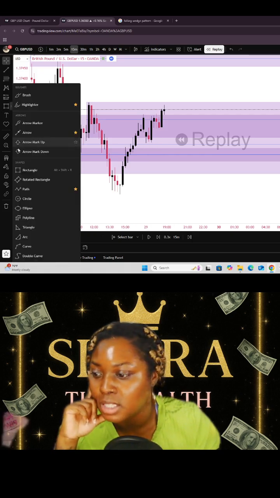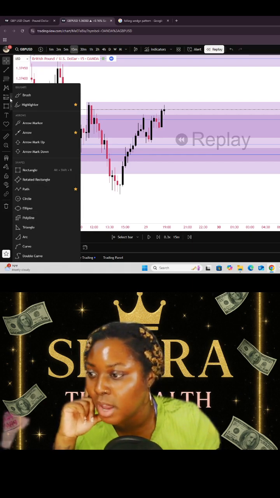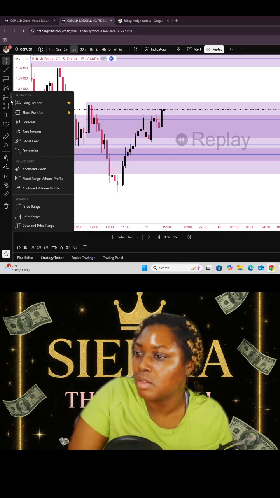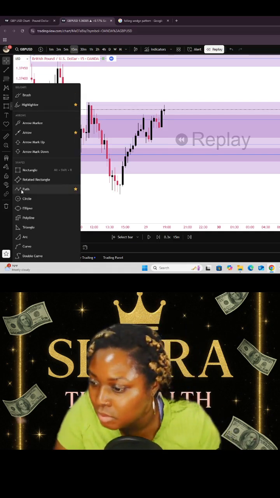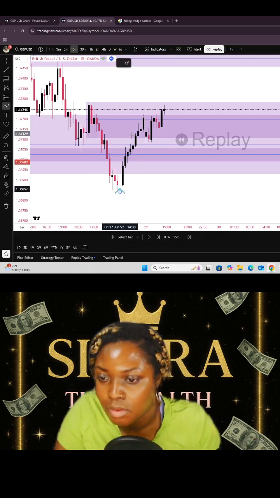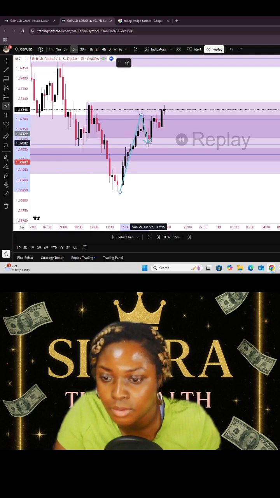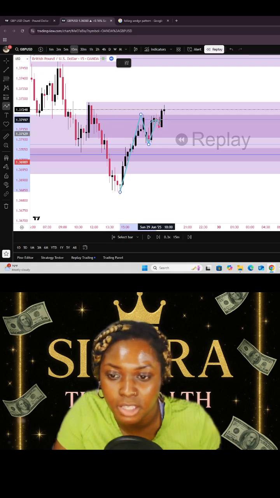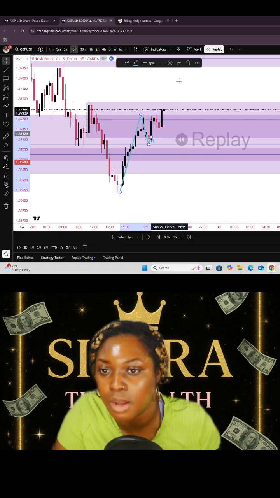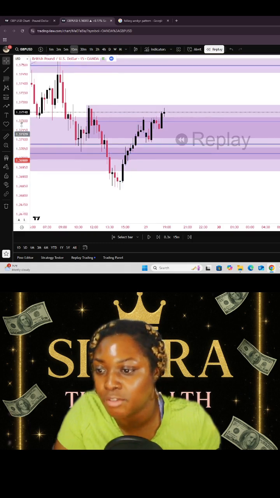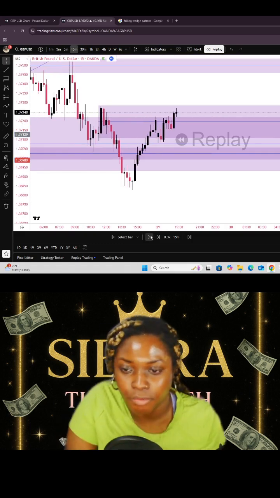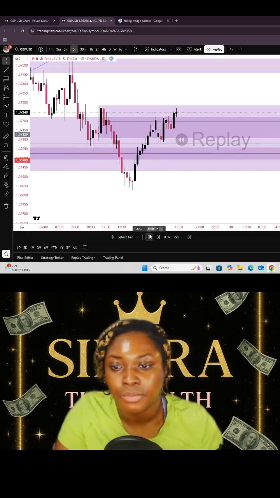But we can still call it a break and retest. Price came up to this area and rejected some and then gave us this nice impulsive candle on top. So I still only have two confluences. I don't have three confluences.